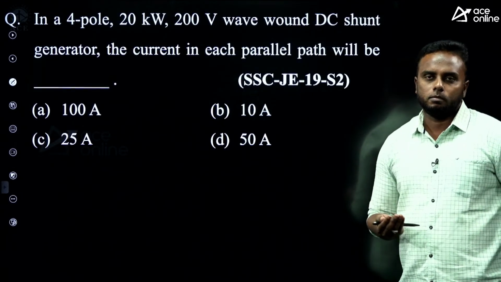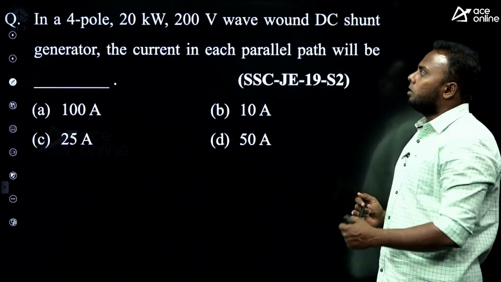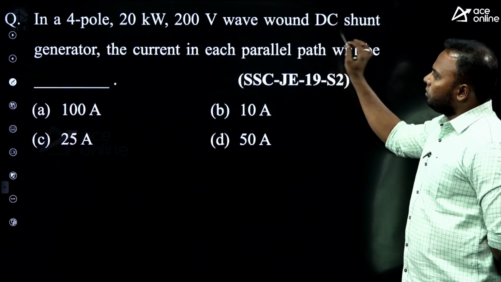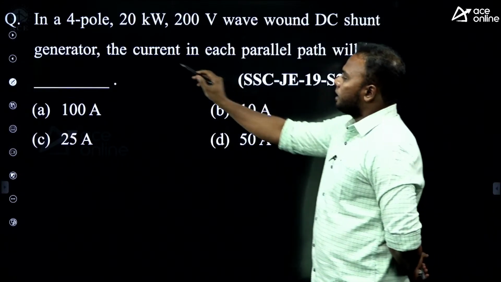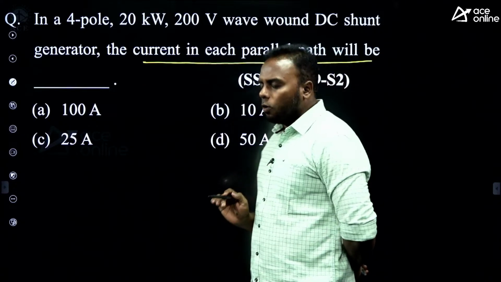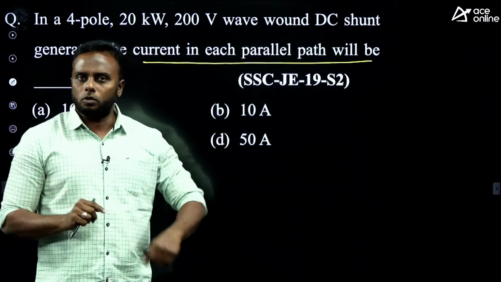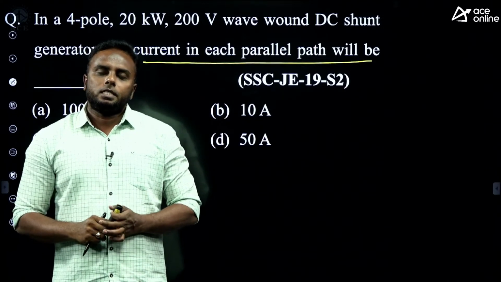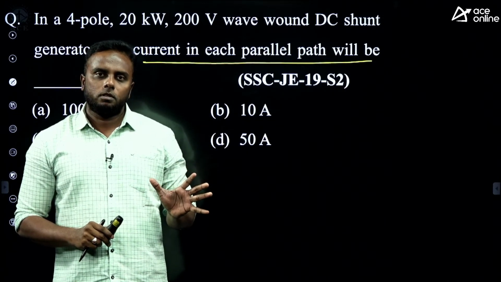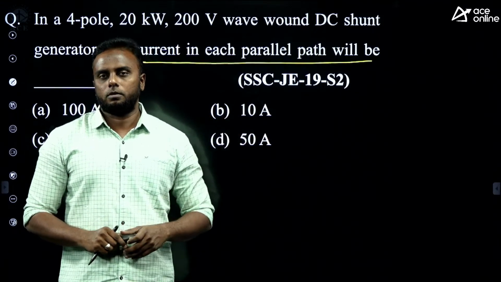See the next question. In a 4-pole, 20 kilowatt, 200 volt wave wound DC shunt generator, the current in each parallel path is dash. Generally, how many parallel paths will be there for lap and wave connection? That point you should know first. For a simplex winding, the number of parallel paths in lap connection equals the number of poles.